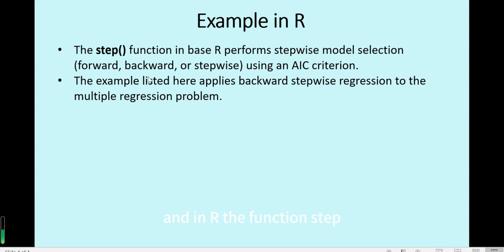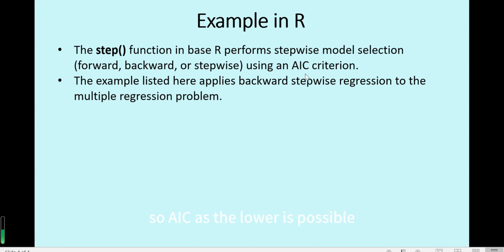In R, the function step can be used to perform stepwise model selection for forward, backward, or stepwise. The criterion is AIC, the Akaike information criterion.